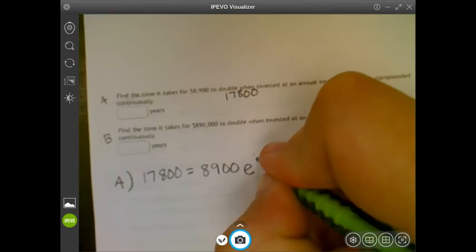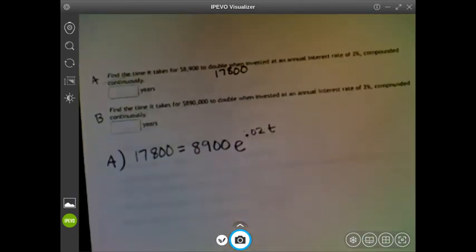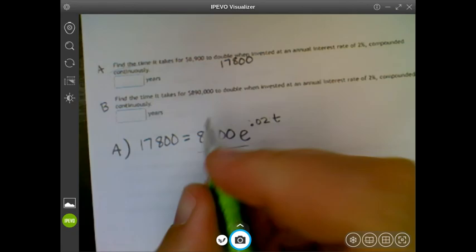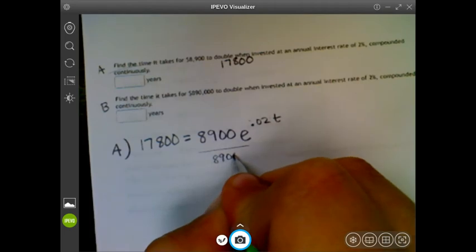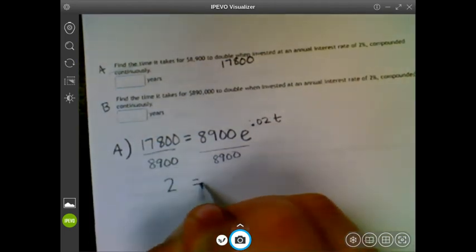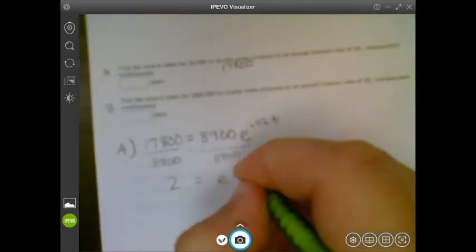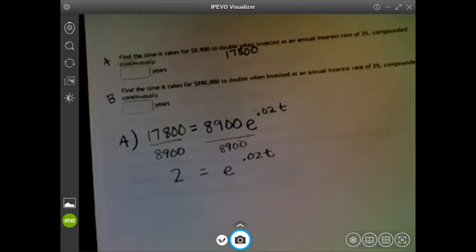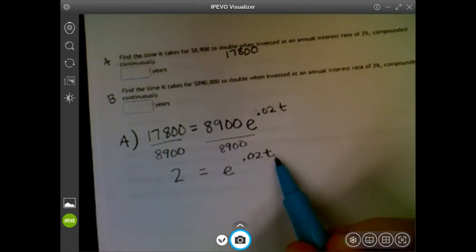And this is the equation that we are going to have to solve. So first step, divide by 8,900. By the way, that should be 2, right? 2 equals e to the 0.02t.